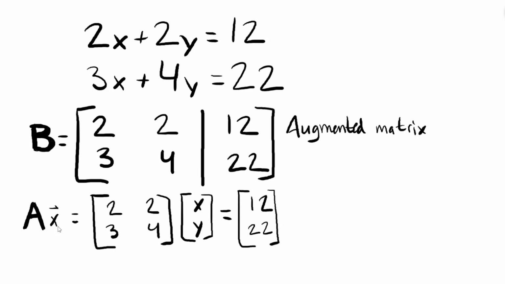I will go through what a vector is later, but it's simply just a matrix that only has one row or one column. So in this case, it only has one column. And if you denote it like this, you don't need to bold the x. You could do a bold x. That would be fine, but this is a very common way to denote this. So from here, we could calculate from this what x and y would be.